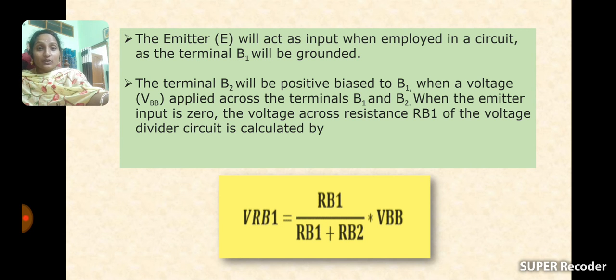But VRB2 is equal to RB2/(RB1 + RB2) x VBB.